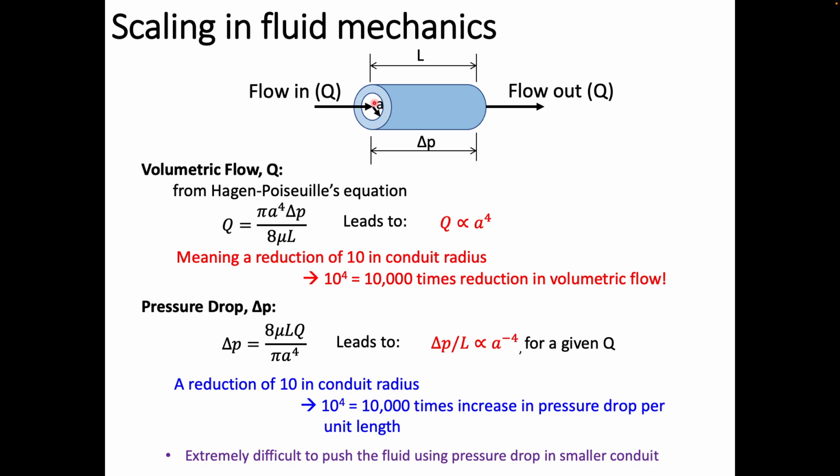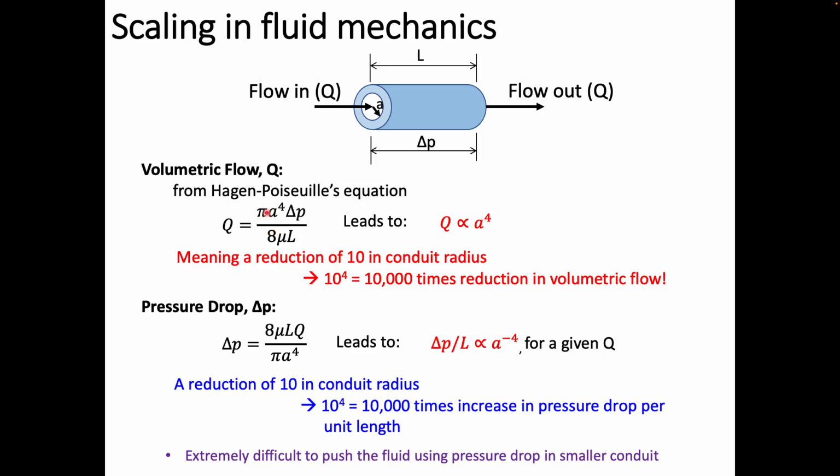The radius of this smaller hole here is a, and here we are maintaining the flow, flow in and flow out Q, and we can obtain this volumetric flow Q from the Hagen-Poiseuille equation. That one is given by this equation here.